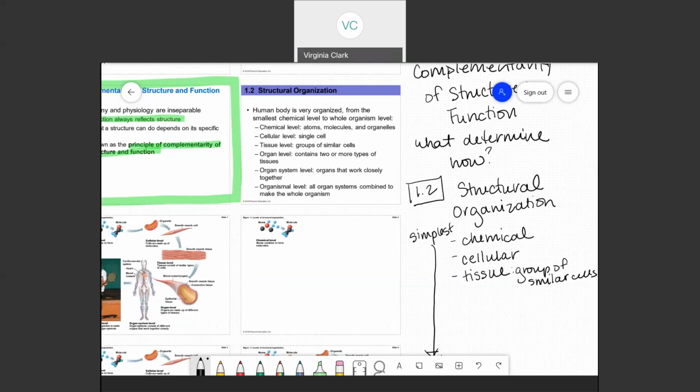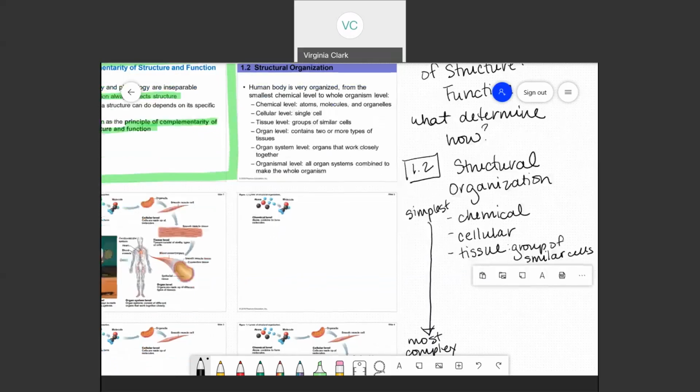Then the next level of structural organization above tissue is the organ level. The organ level is a structure of at least 2 tissue types. Basically, if we have this cardiac cell, and you put those cells together, you get cardiac muscle tissue.